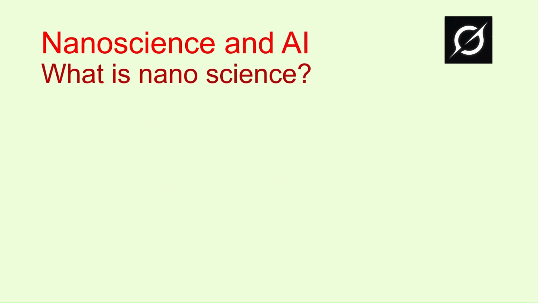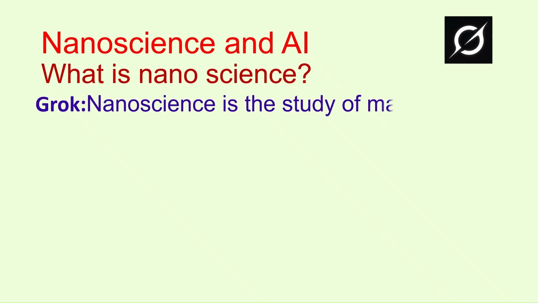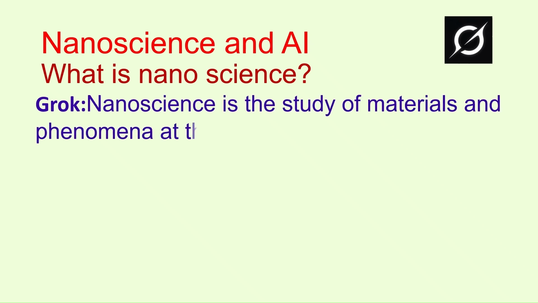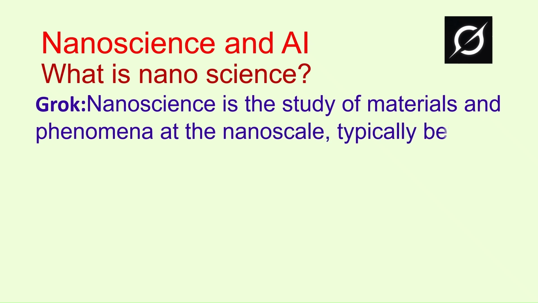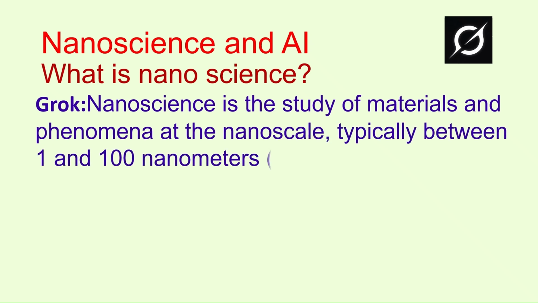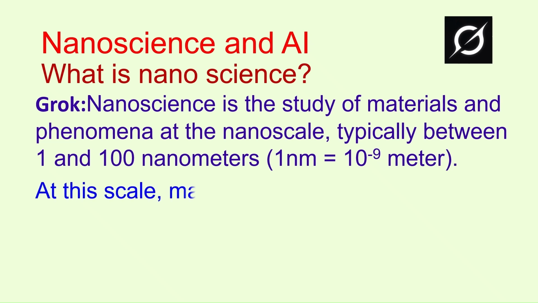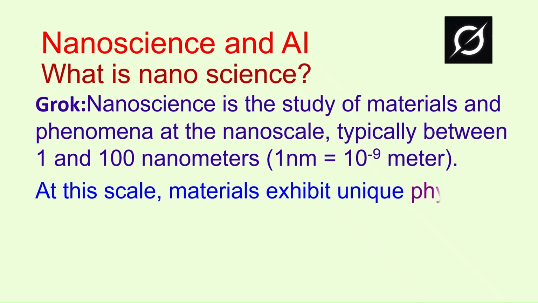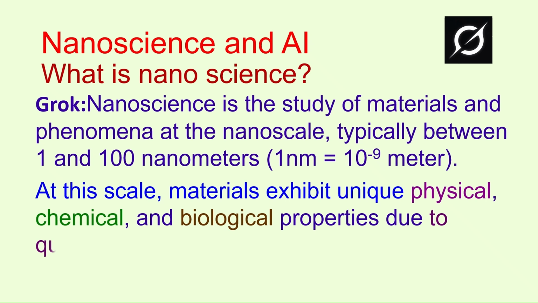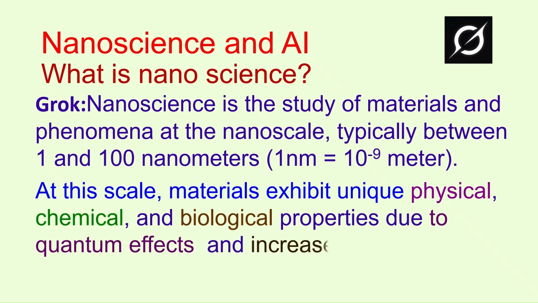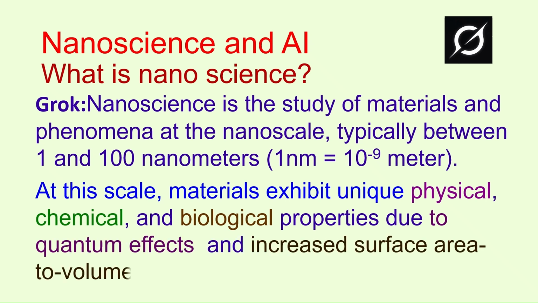What is nanoscience? Grok says, nanoscience is the study of materials and phenomena at the nanoscale, typically between 1 and 100 nanometers. Note, 1 nanometer equals 10 to the power of -9 meter. At this scale, materials exhibit unique physical, chemical, and biological properties due to quantum effects and increased surface area to volume ratios.